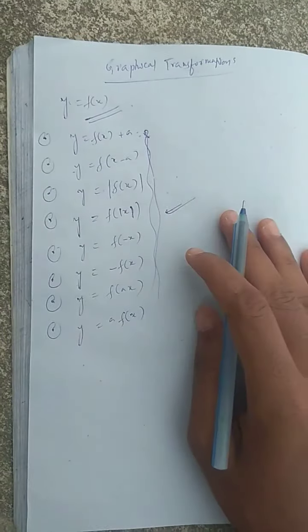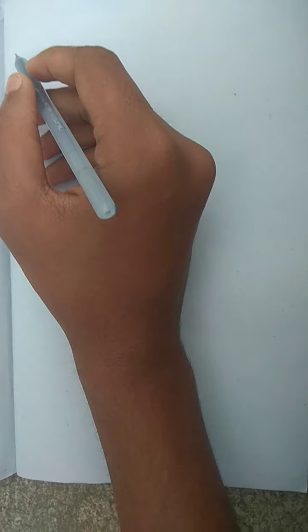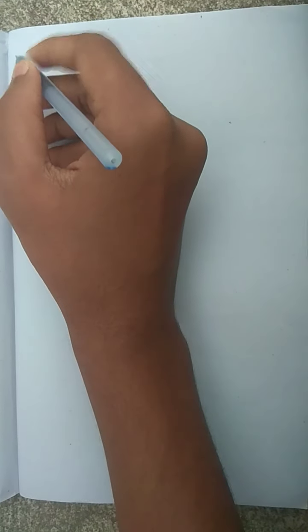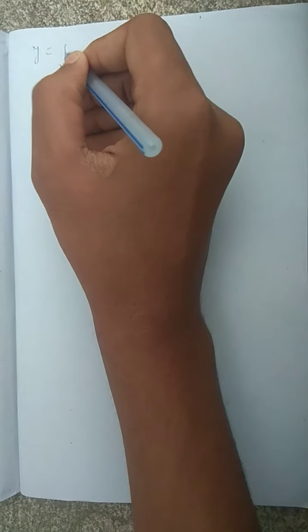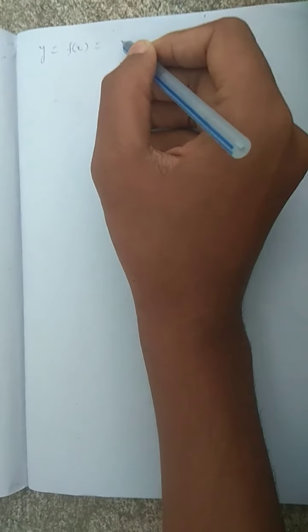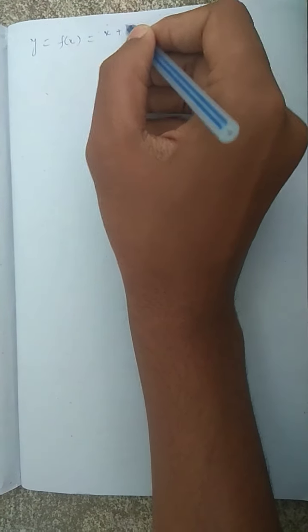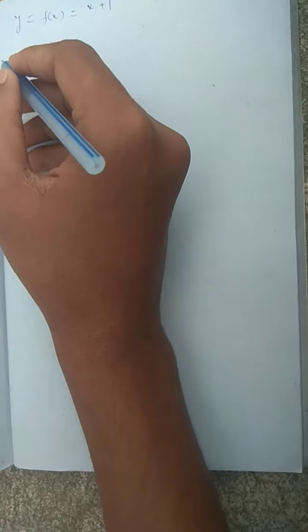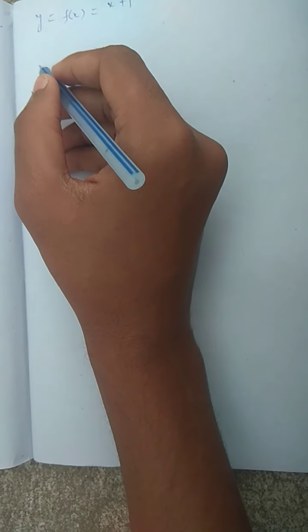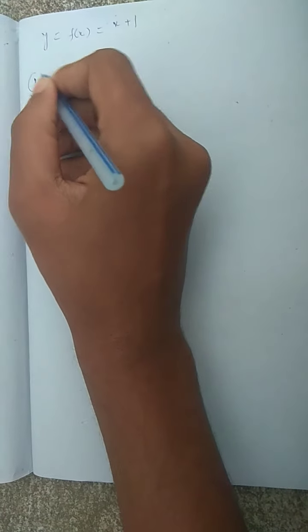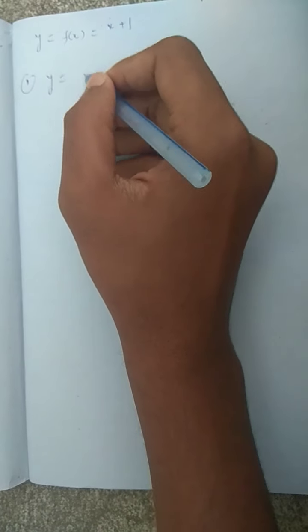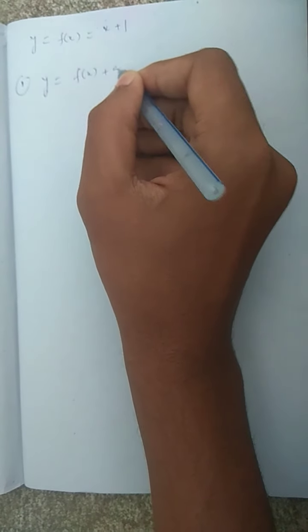Let us see. Now let us consider y equal to f of x equal to x plus 1. Now let us draw the graph of y equal to f of x plus a.